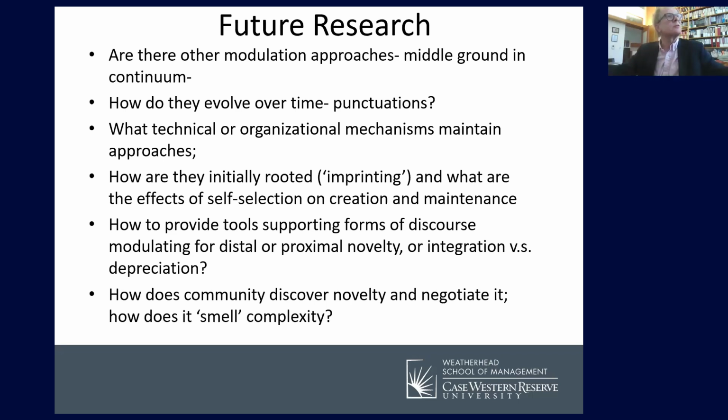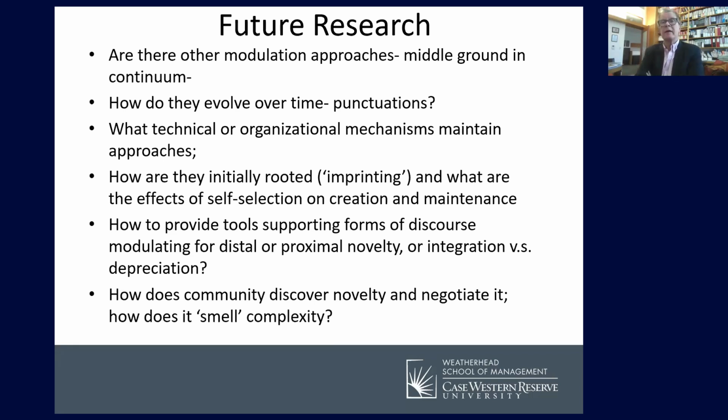So there's probably self-selection into the communities, which also sustains certain forms of building the software. There's also an interesting aspect of how to provide tools supporting these forms of discourse. We didn't analyze that, but they might be using certain features of GitHub totally differently. And those enforce, again, certain forms of dialogue.